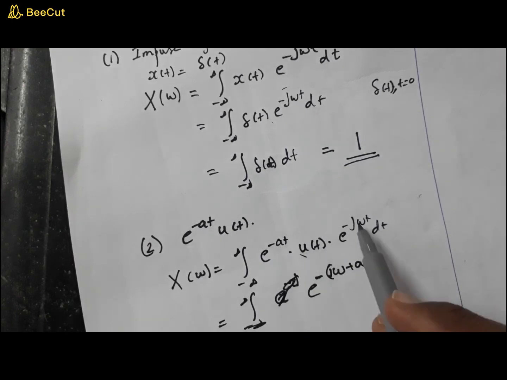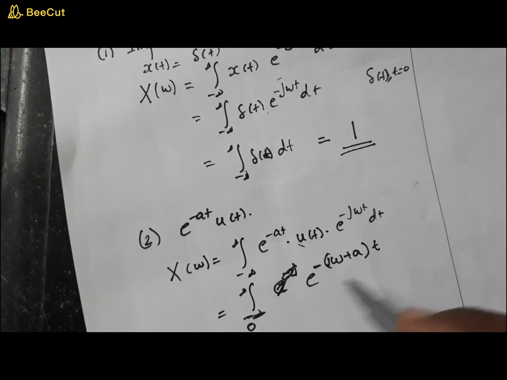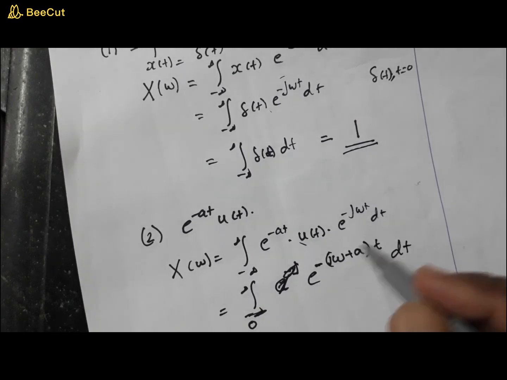You take the minus and t outside, so you get j omega plus a into t, integral dt. Now what is the integral of this?